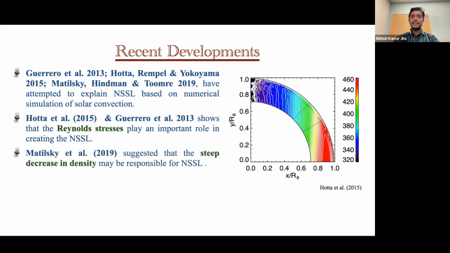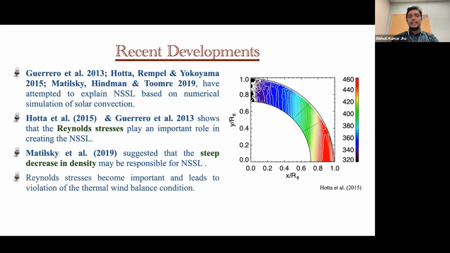And then Matilsky et al. have suggested that the steep decrease in density in the top layer of the solar convection zone is actually responsible for the NSSL in the sun. So the widely accepted view is that the Reynolds stress becomes very important as we reach close to the surface, and that leads to the violation of the thermal wind balance equation, which I will talk about later in my talk.